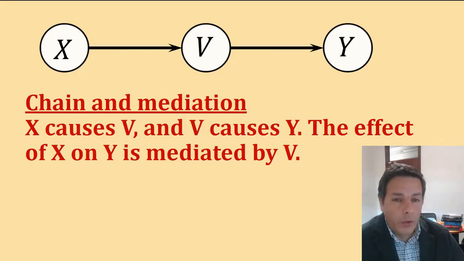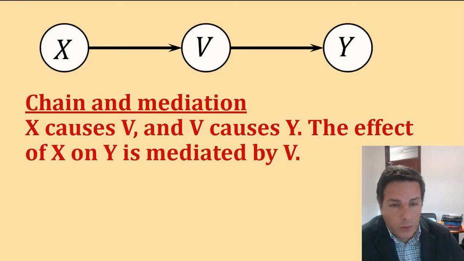And what we can do is determine whether this mediation is total or partial. For example, here we want to know whether the effect of x on y is mediated by v.